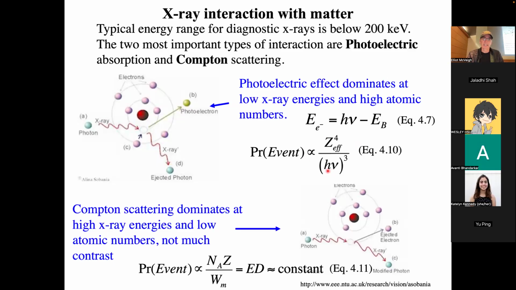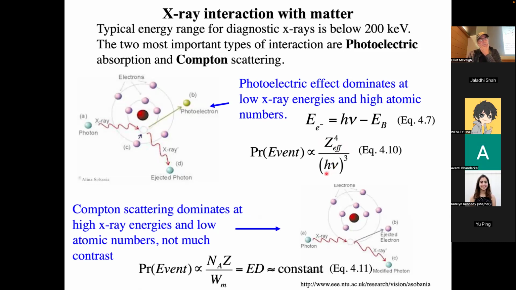These formulas give those probabilities, or the cross-sectional probability. So if I have an incident X-ray creating a photoelectron with a photoelectric effect, this goes as the fourth power of the atomic number of the atom. And that's because we have more and more electrons. As the atomic number goes up, the cloud of electrons that the photons can interact with goes up, and increases the probability of this happening by a large factor with atomic number, power 4.